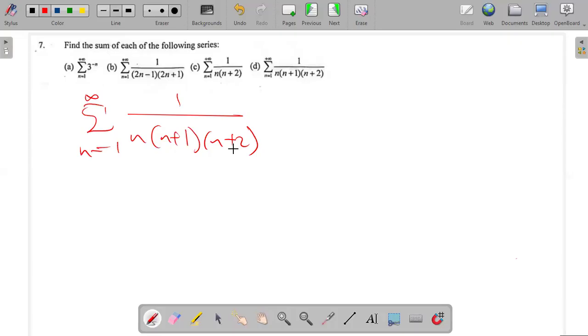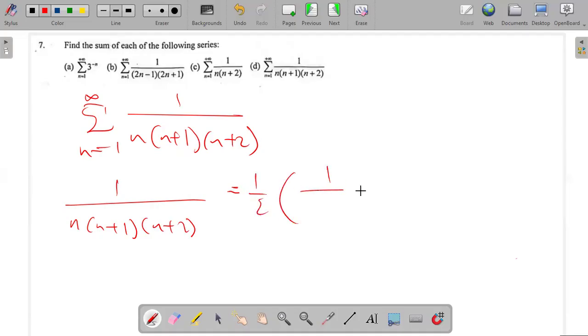So note that you can use the identity that 1 over n times n plus 1 times n plus 2 is equal to one half times, 1 over n times n plus 1 minus 1 over n plus 1 times n plus 2.